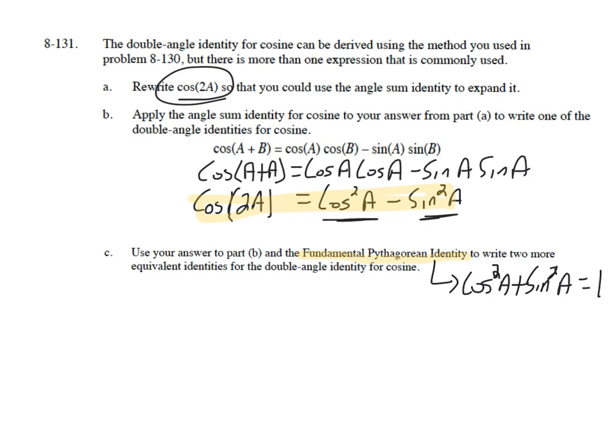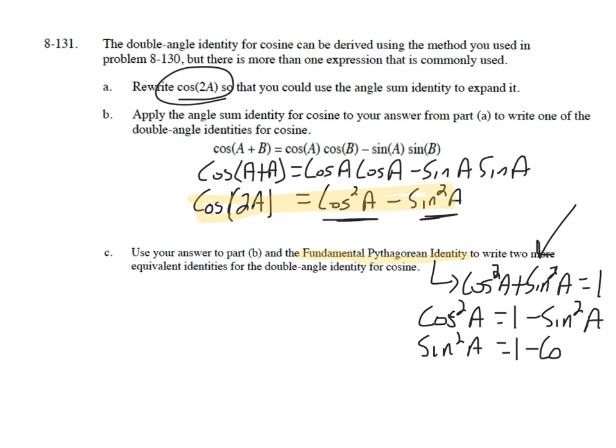Or another way to write that was if I subtract sine squared from both sides, the cosine squared of A equals 1 minus the sine squared of A. Or if I take what's up here and subtract cosine squared from both sides, then I get sine squared A equaling 1 minus cosine squared A.